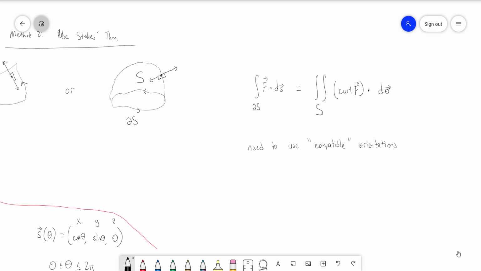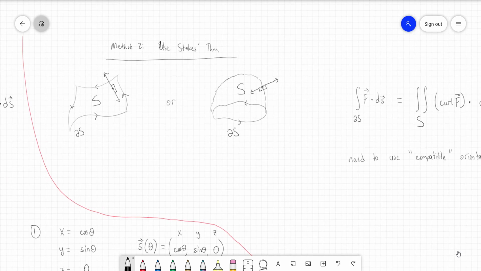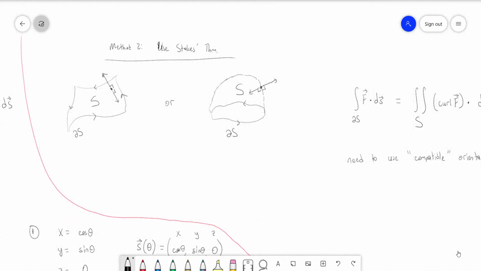All right, now, to figure out if the orientation of your boundary curve and your surface are compatible, there's a right-hand rule that you can follow. What you can do is choose an orientation for your boundary curve.